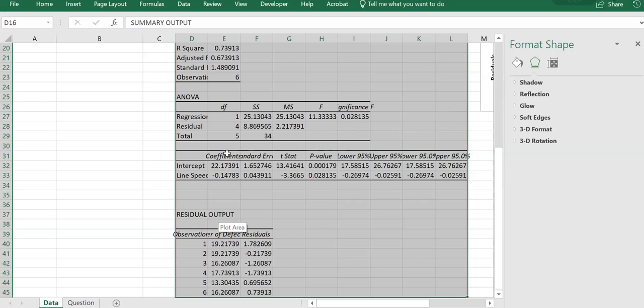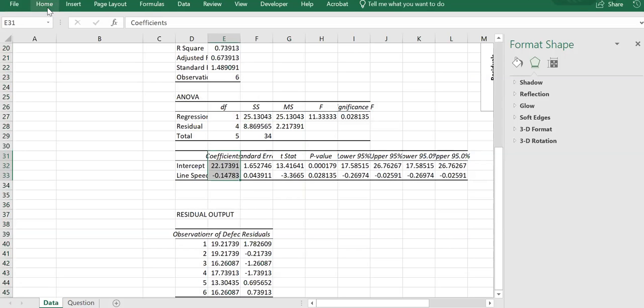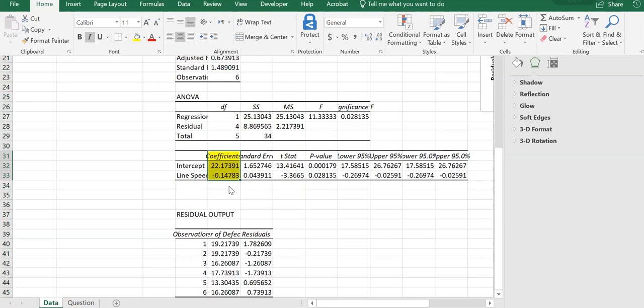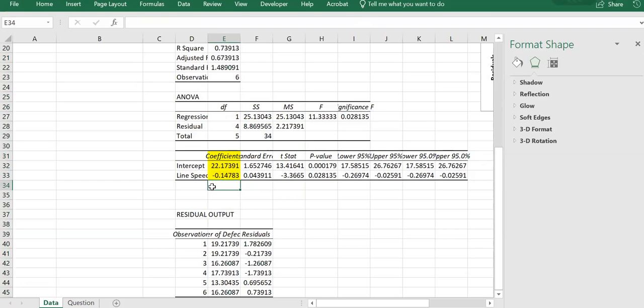All right, so the equation, if I want to write down the equation again, using this table, that would be number of defective parts found. That would be intercept 22.17 plus or minus 0.15, just round it up.